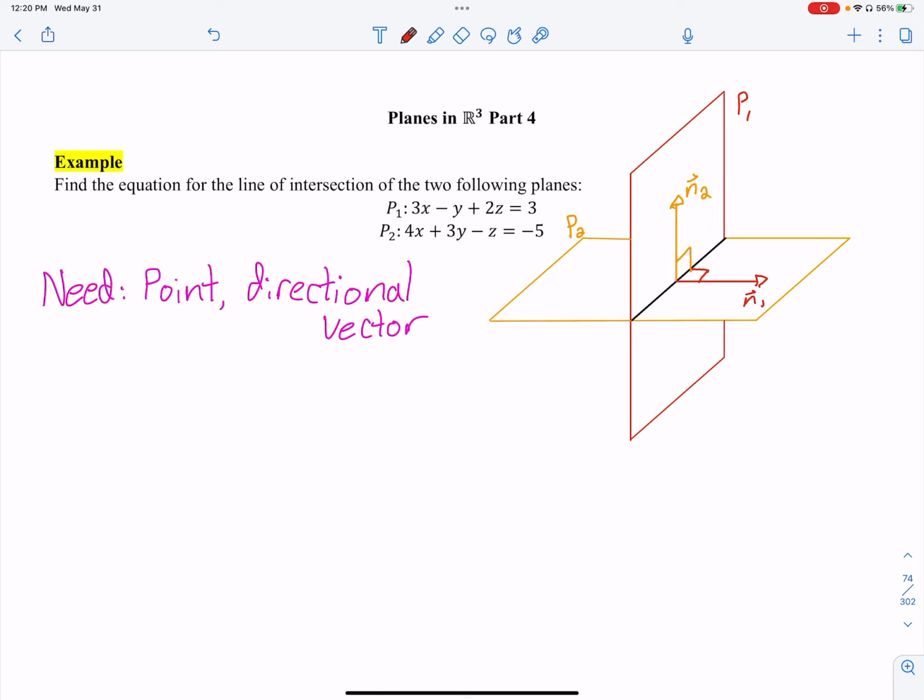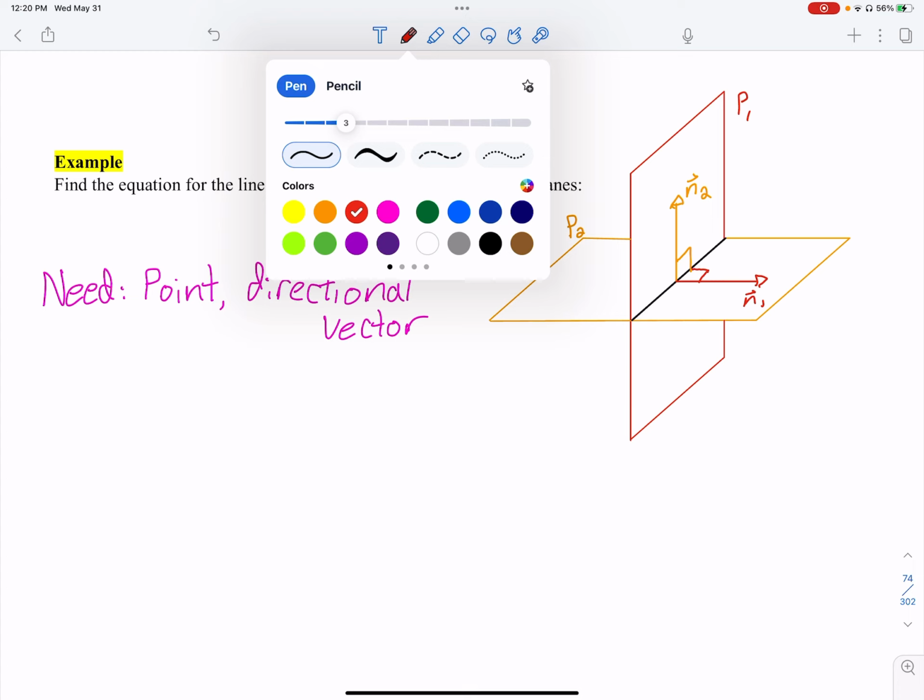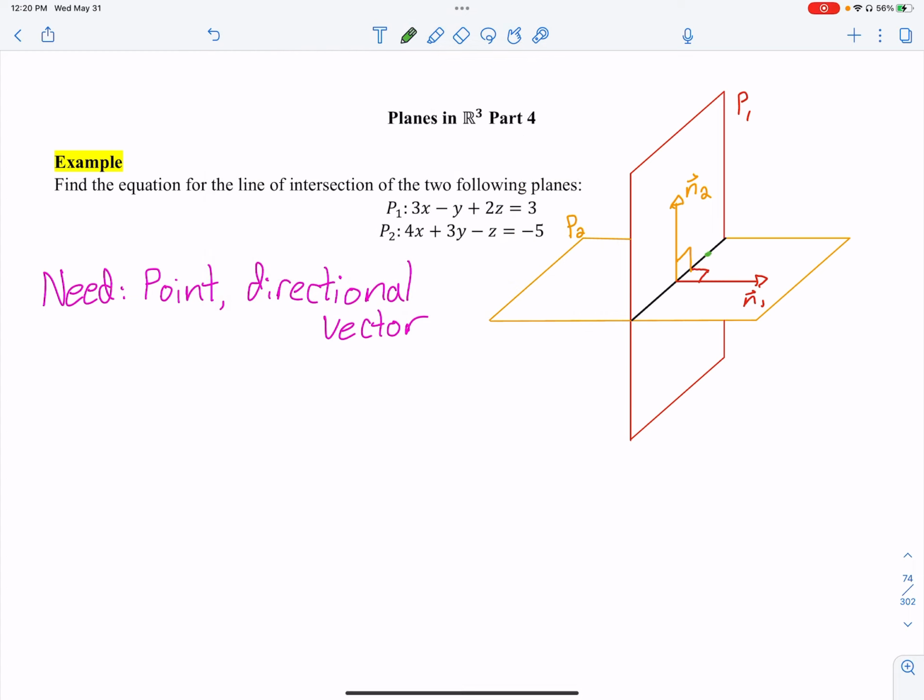Let's do our directional vector first. If I'm wanting a vector that describes this line in this direction, I'll put it right there where we're probably going to grab it from. That is my directional vector for my line. As you can notice, we have a relationship between N1, N2, and V. N1 and N2 may not be orthogonal to each other, but we do know that V is orthogonal to both N1 and N2.